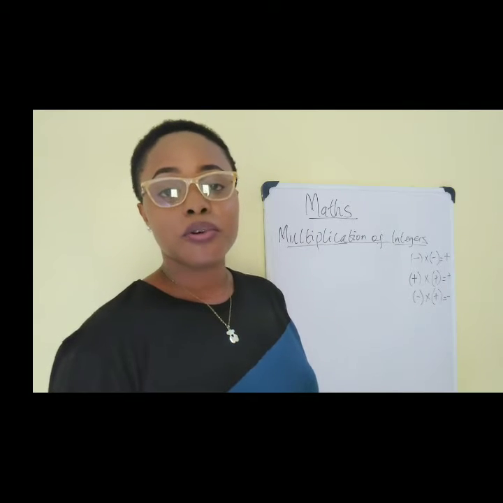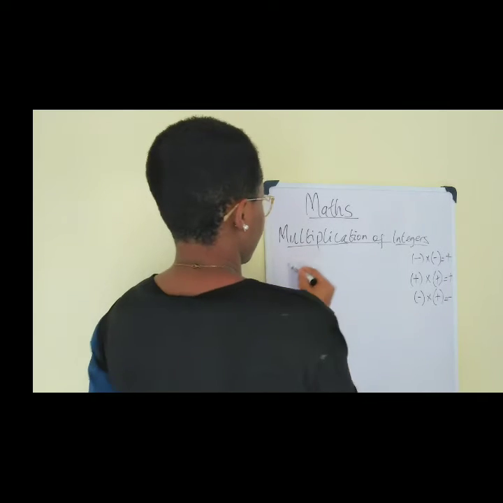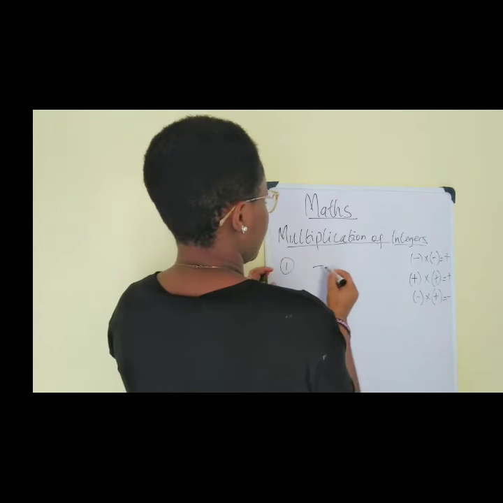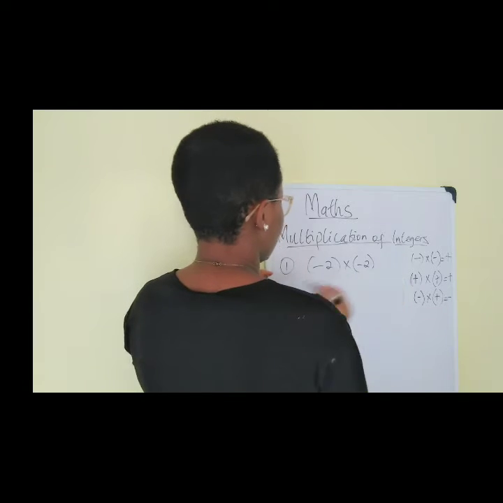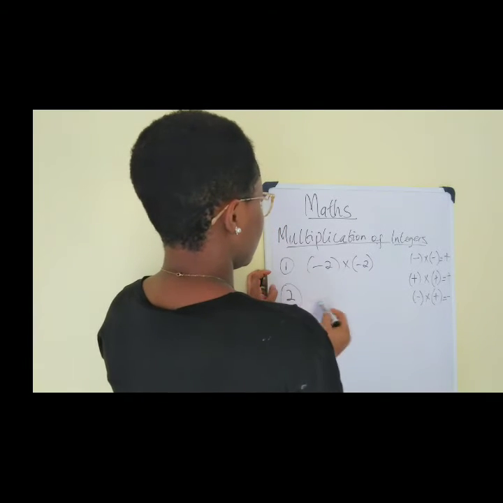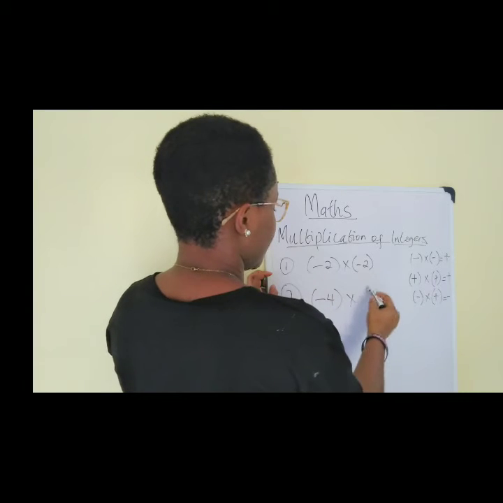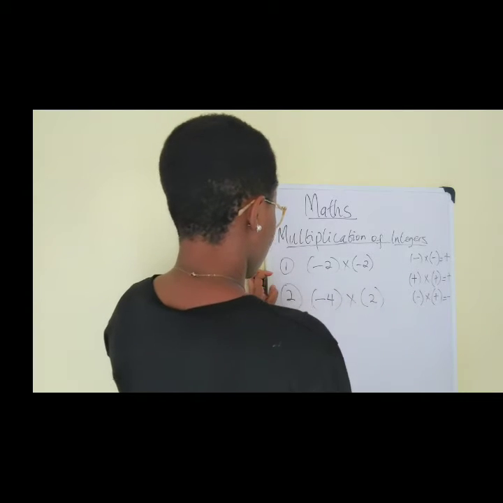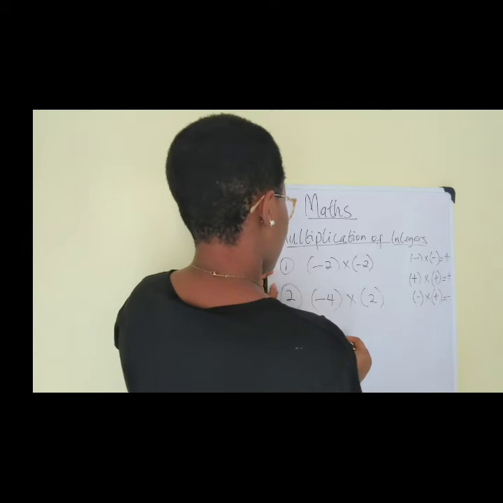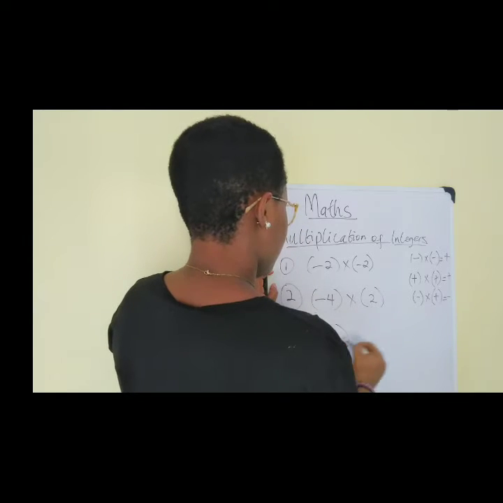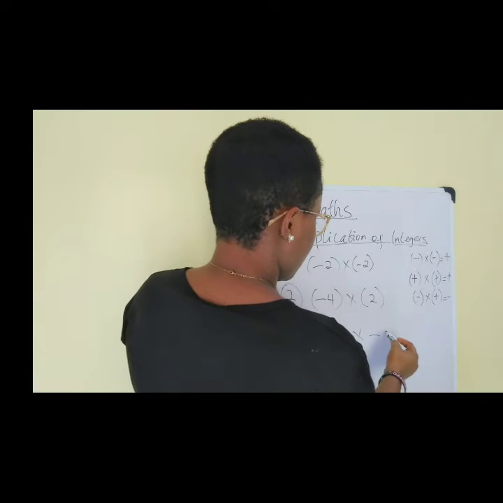Guys, you can go ahead and pause the video and try to solve this problem. The first one is negative 2 multiplying another negative 2. The second one is a negative 4 multiplying a positive 2. The third one is a positive 5 multiplying a negative 2.